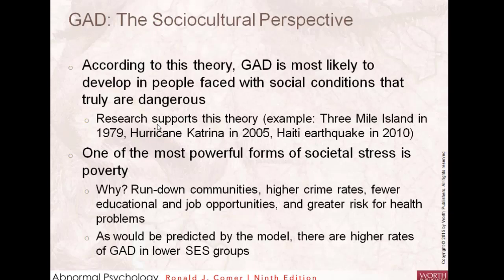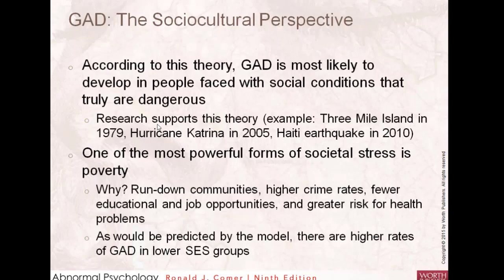And based on this prediction, we would expect to find that generalized anxiety disorder would be more prevalent in lower socioeconomic status groups, or in groups that are more likely to be in poverty, and we do find that to be the case. Now, this is not necessarily causational, this is a correlation. There's a correlation between poverty and generalized anxiety disorder. Why is that a correlation and not causation?